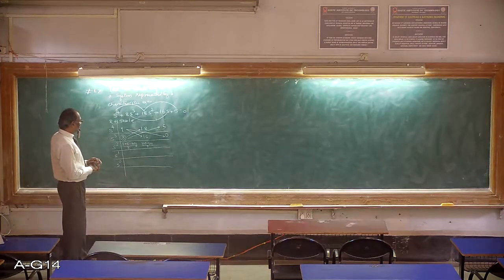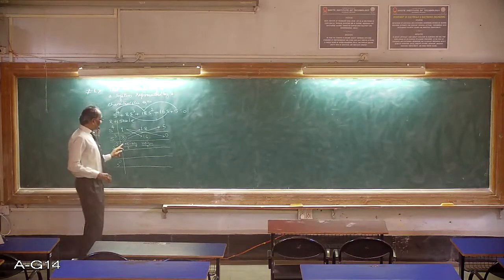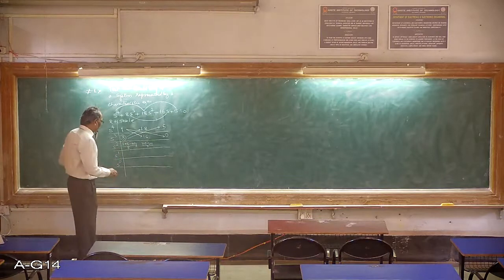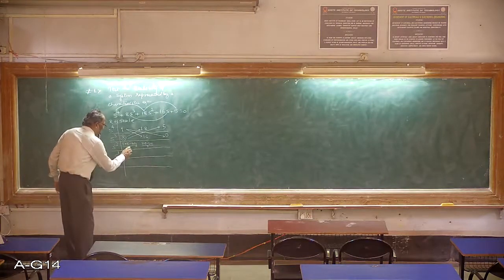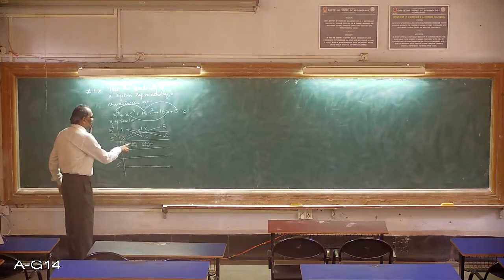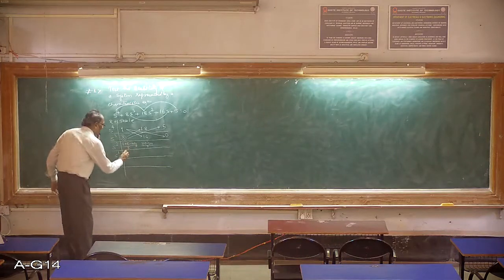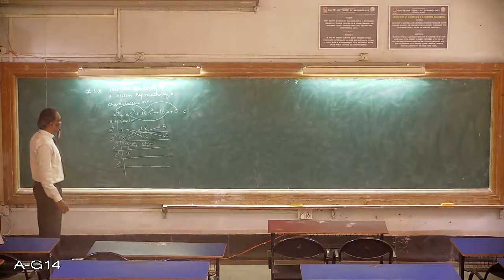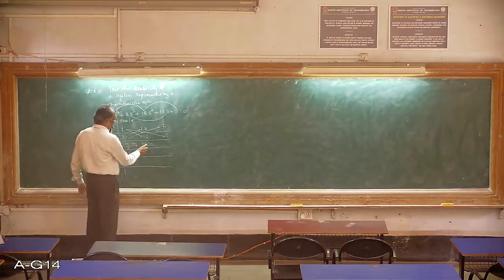How much will you get? 8 gets cancelled. This is 18 minus 2, so you will get 16, if I am correct. Now 8 into 5 minus 0 divided by 8, 8 gets cancelled.